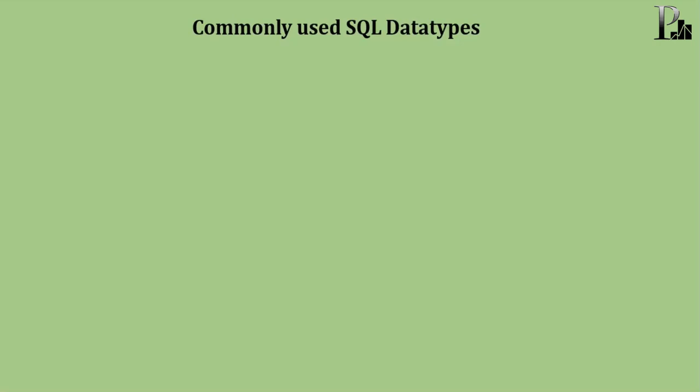SQL has over 30 types of data types to choose from. Once you understand data types, you will know that it is not a complicated thing. You will also understand why we need data types and why many varieties exist.